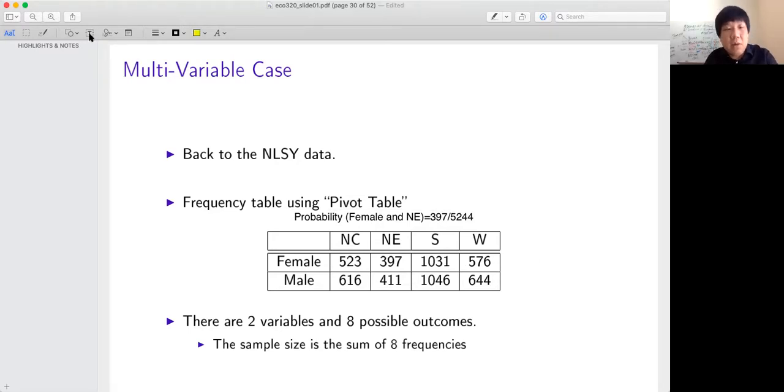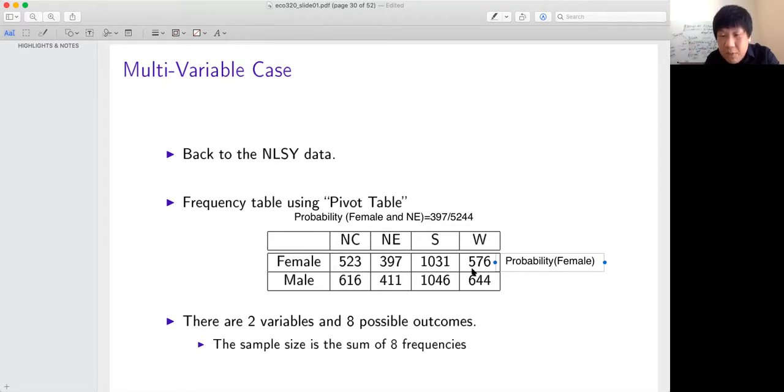So this is a marginal probability, which is the summation of each joint probability. For marginal probability, we are looking for the probability of female, so where they are living doesn't matter. That's why we summate them. Similarly, the probability of male is like that.